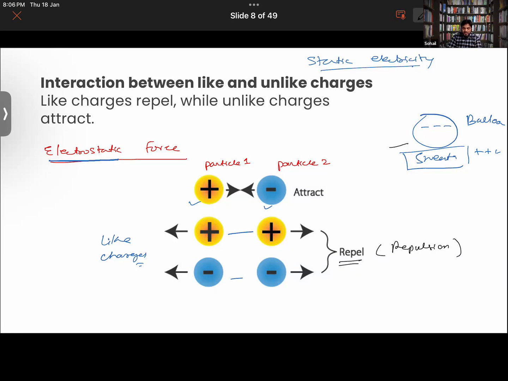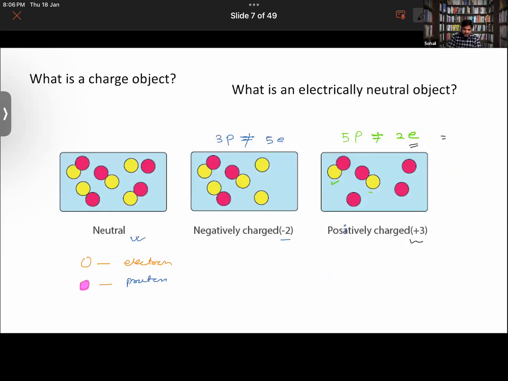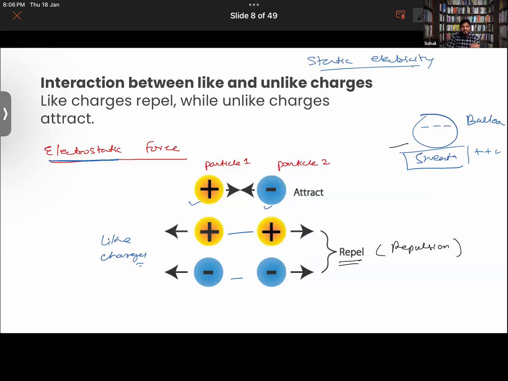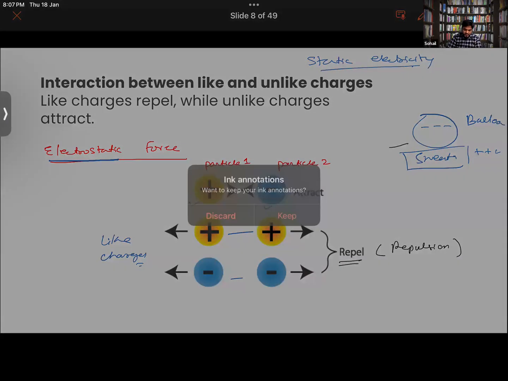Now the question comes: how do we determine the strength of the electric charge that is produced when two objects are rubbed across each other?